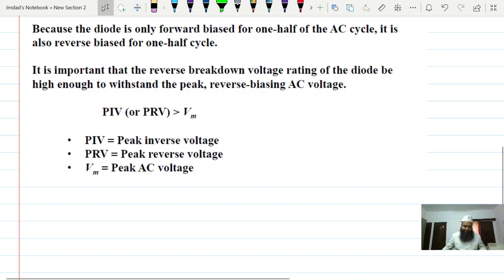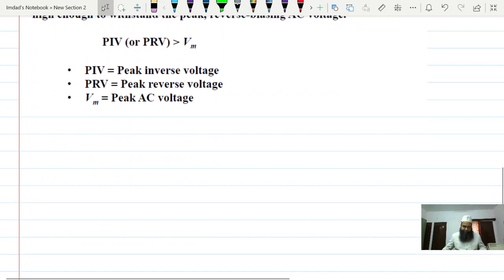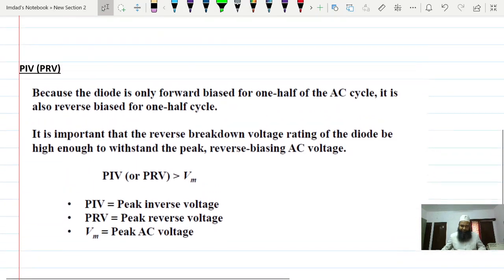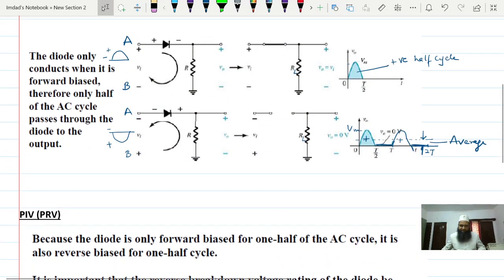Now we can calculate the efficiency of rectification. By observation we can see only half of the AC cycle is rectified and half of the AC cycle is not rectified.